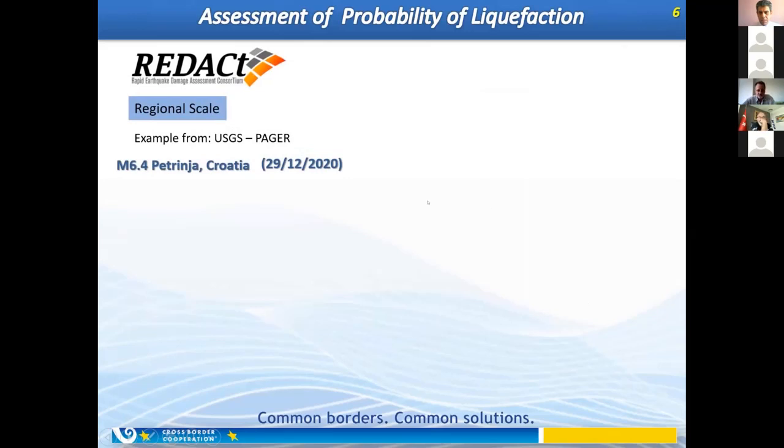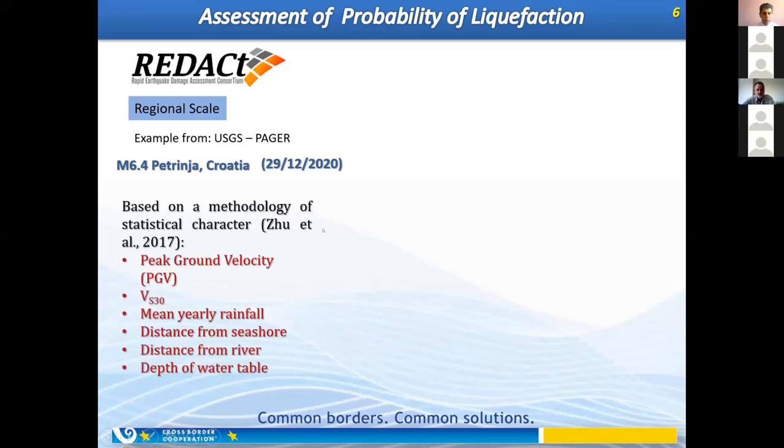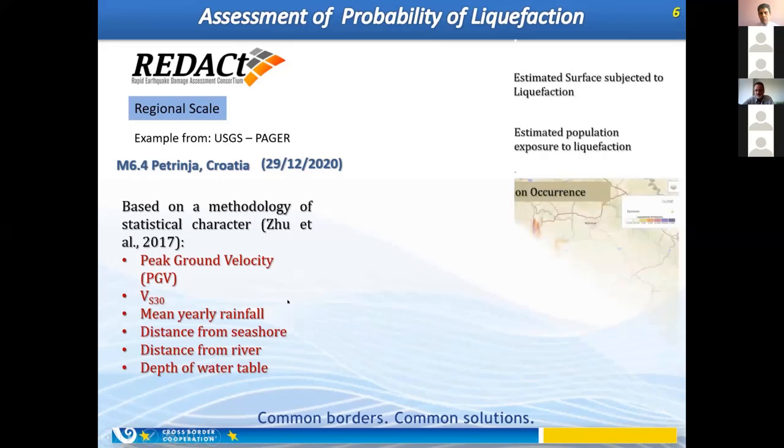On the other hand, in the case of the USGS, if we take as an example the Croatian earthquake 6.5, which occurred at the end of the year 2020, and based on another methodology of statistical character, where peak ground velocity is needed, the Vs30, which means the mean velocity of S waves over the 30 superficial meters, the mean yearly rainfall, the distance from the seashore and the river, and the depth of water table.